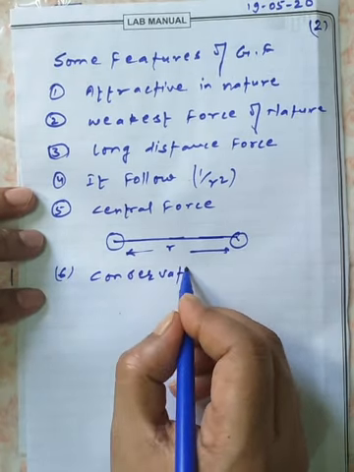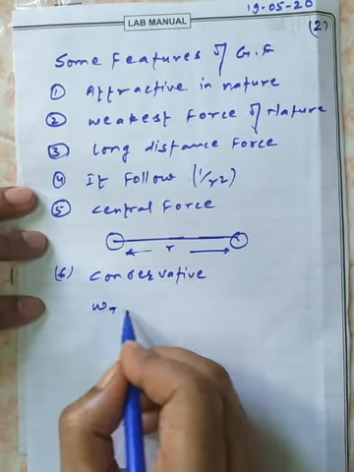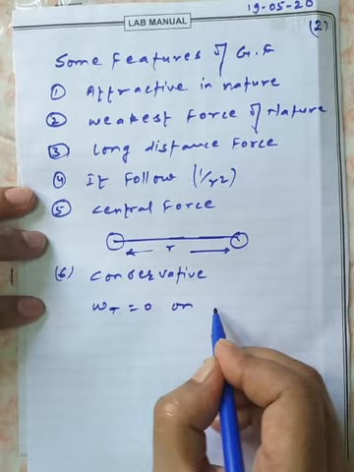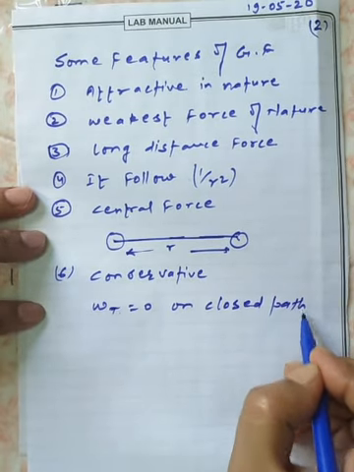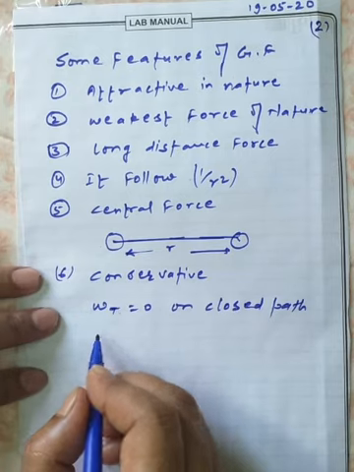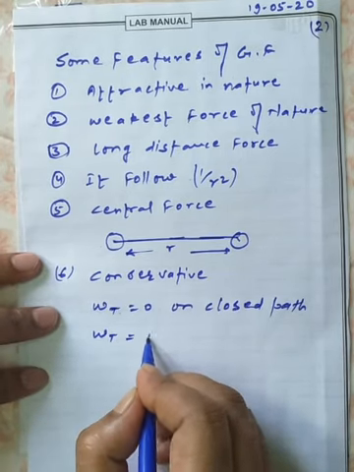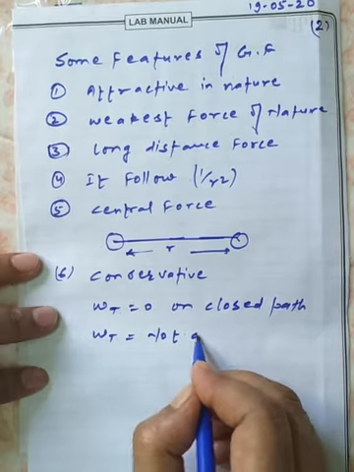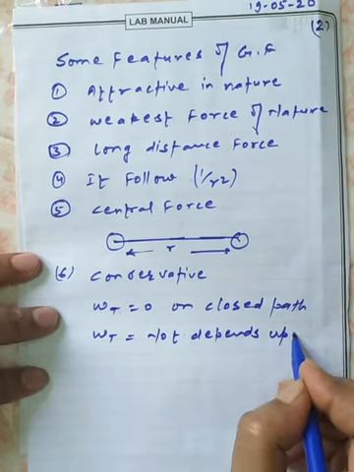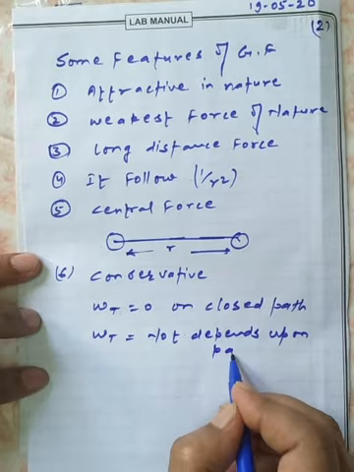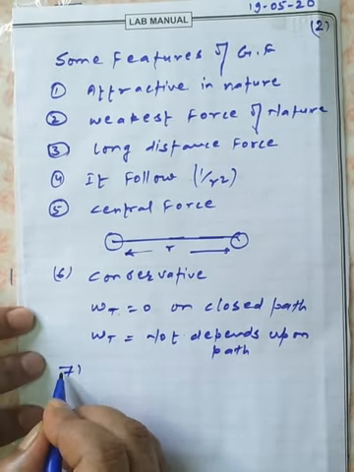A conservative force states that the total work done is 0 on a closed path. Later we will discuss this in the chapter on work, energy and power. W total does not depend upon the path.